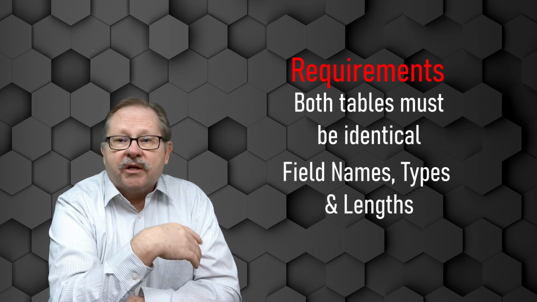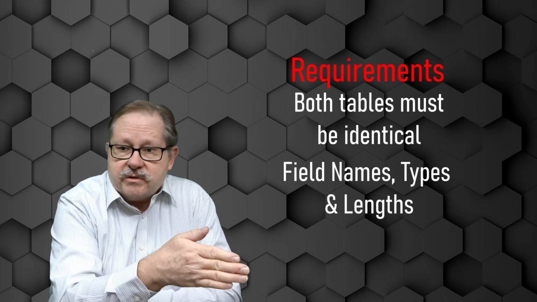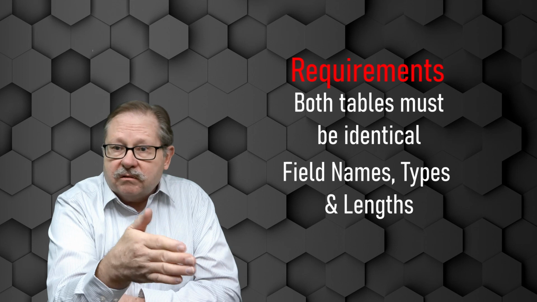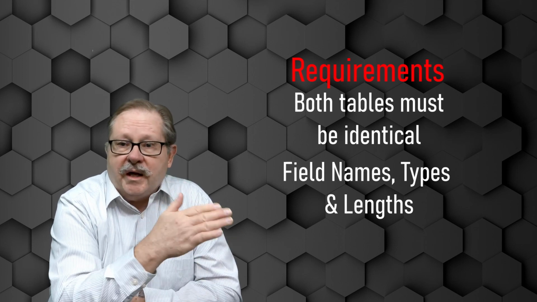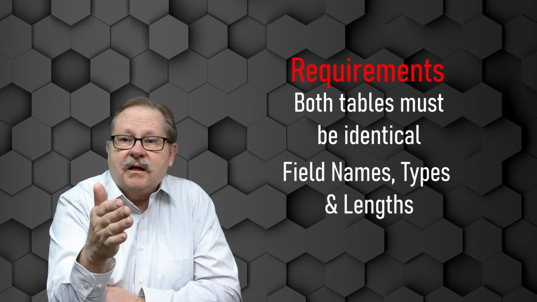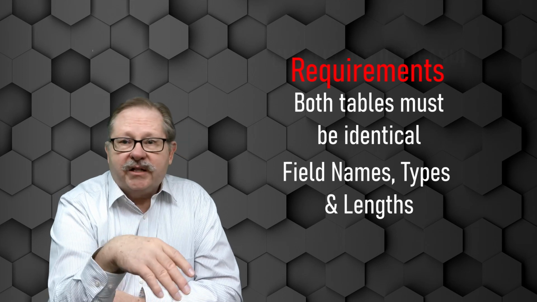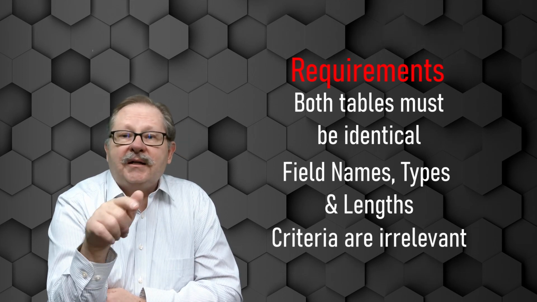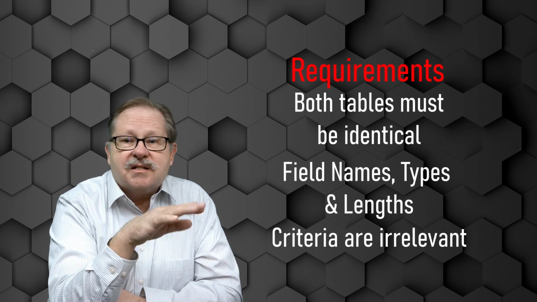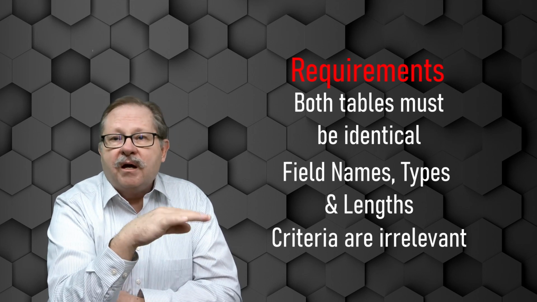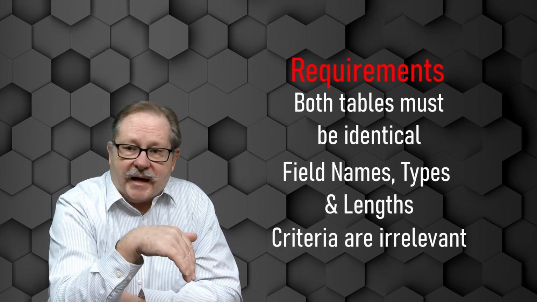All it matters is that when it tries to line up the columns, the fields in the tables, it has the same name to line up with the same name all the way down to the end of the data set. If you put any criteria in, the criteria doesn't matter. If you make it a totals query of any sort, and you've got the sum of something, you have to have the same sum of whatever in the other table so that those field names match.